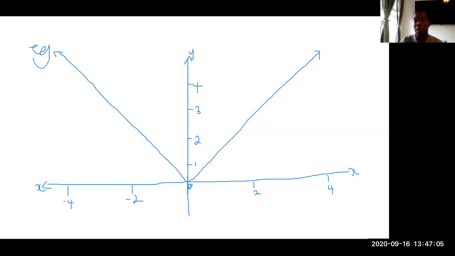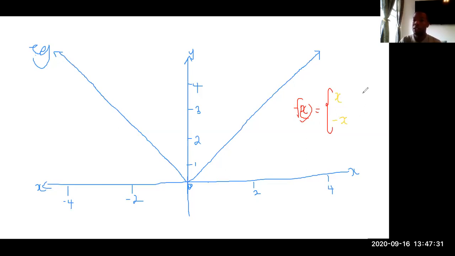And then I'm going to say f of x, which is also y, or the range, is equal to x and negative x.